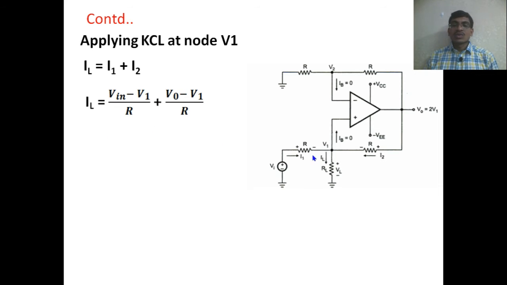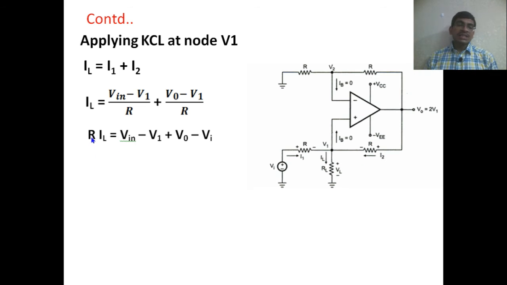So IL is equal to (VI minus V1) divided by R plus (V0 minus V1) divided by R. IL is the load current, which is equal to I1, where I1 is (VI minus V1) divided by R, and I2 is the current (V0 minus V1) divided by the resistance R.